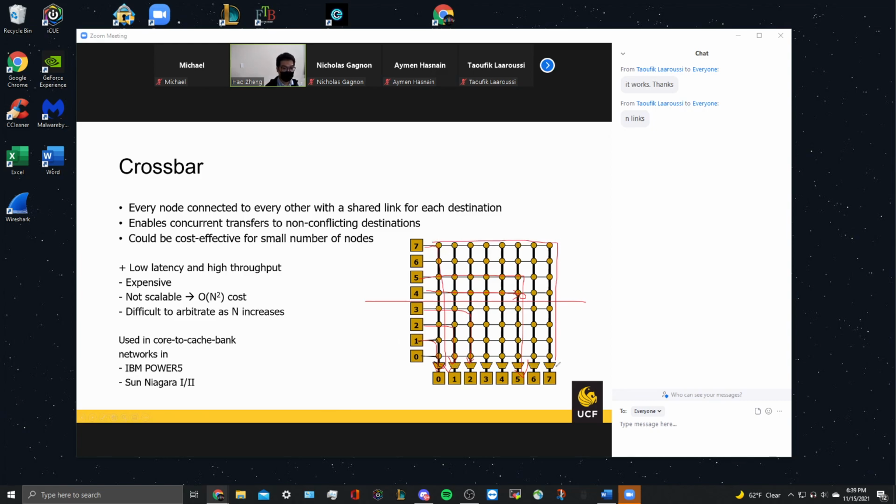Or 7 to 7 is not the way, because we won't send the message to ourselves. Is that clear? This is a common approach used in some processor designs, such as core-to-cache-bank networks, to guarantee high throughput and low latency, but it's expensive because the cost is still n squared.